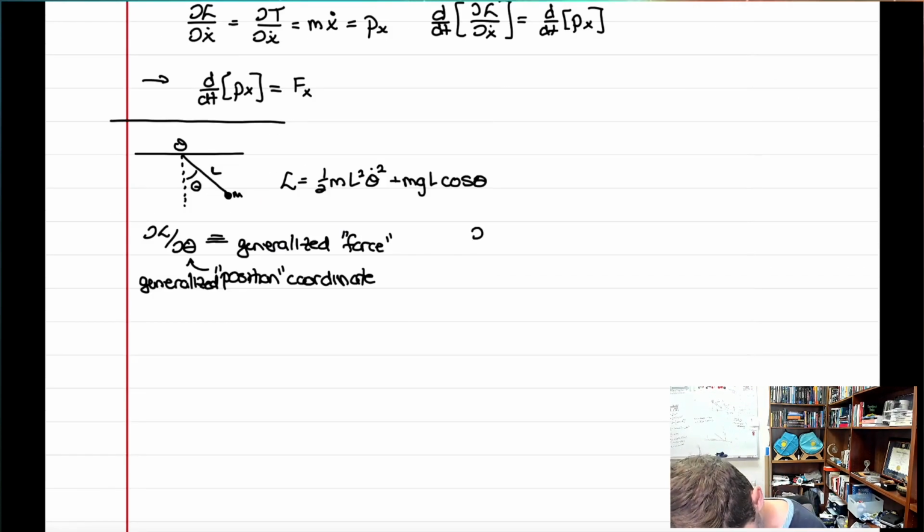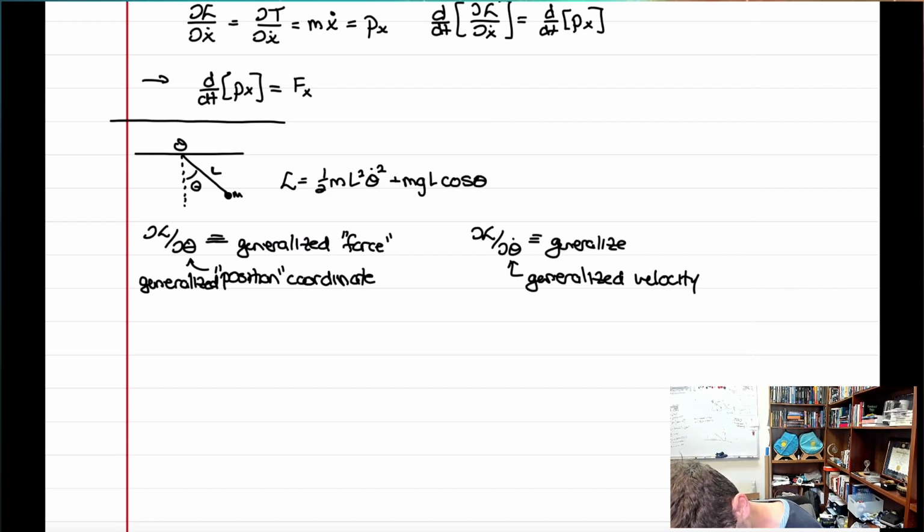So then the partial of L with respect to, say, theta dot, where theta dot is a generalized velocity, this entire thing we're going to call a generalized momentum.